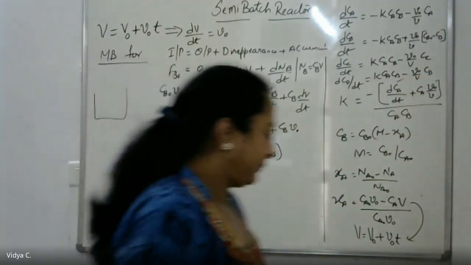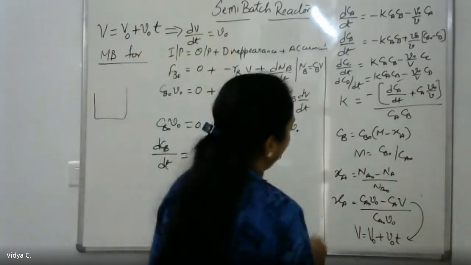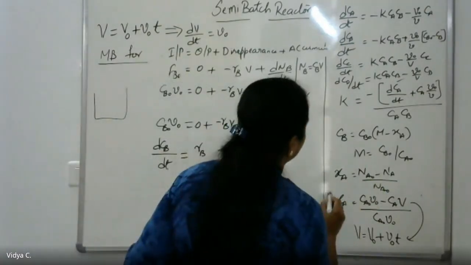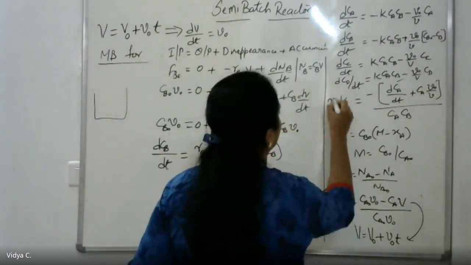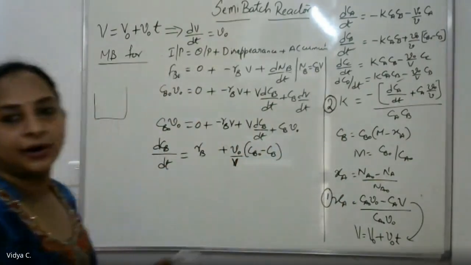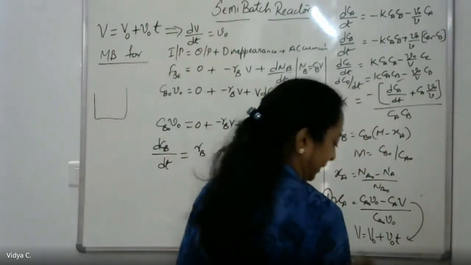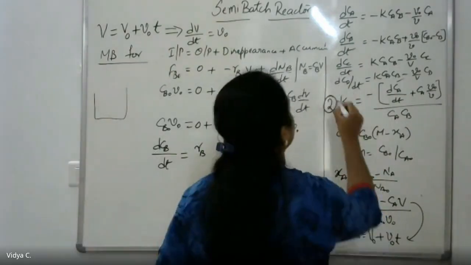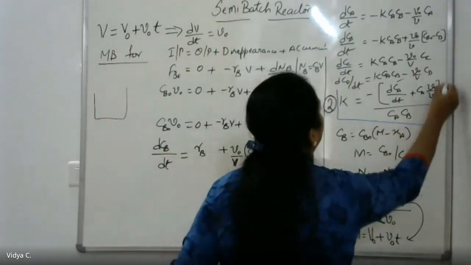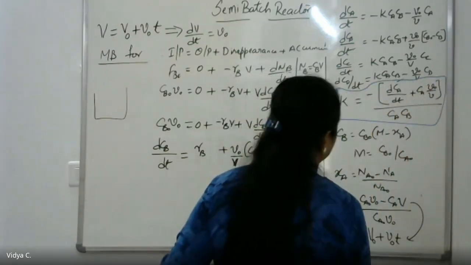Okay. So yes, these are the equations used, and in your lab you will be finding this value and this value. So these are the equations for a semi-batch reactor, and in the lab you will be finding this K value and XA value.